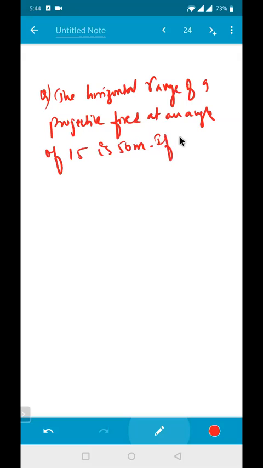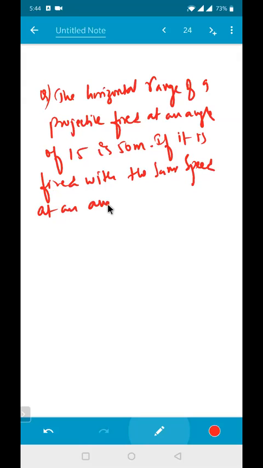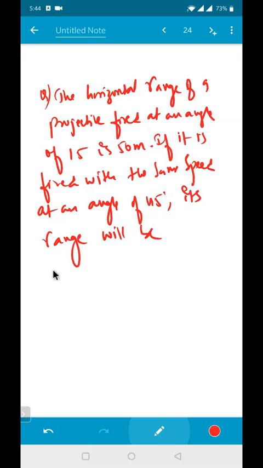If it is fired with the same speed at an angle of 45 degrees, its range will be? Faster, tell me everyone, you should have the answer by now.